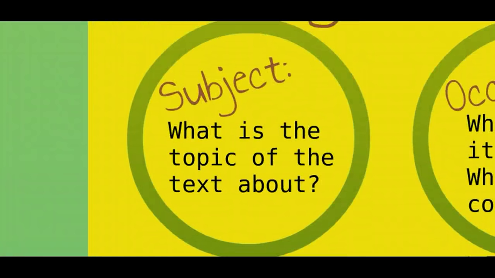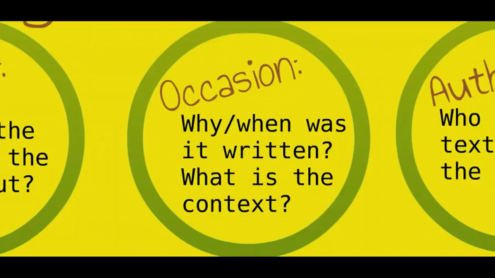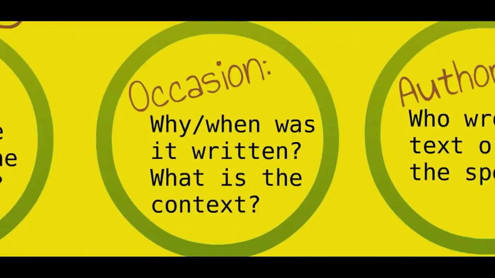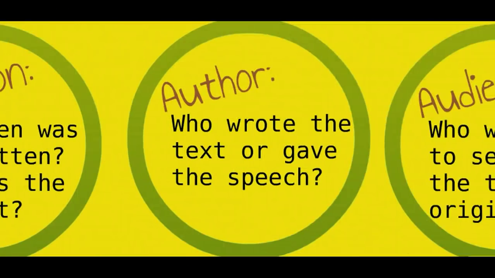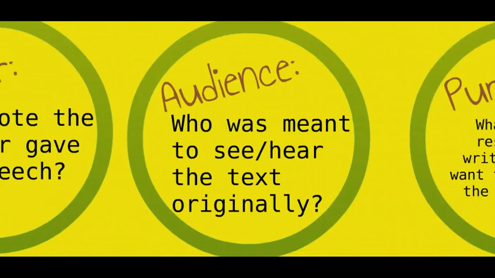From that, we can figure out, first of all, what's the subject? What is the topic of the text all about? What's the occasion? Why? When was it written? What is the context? Who the author is, who wrote the text or gave the speech, who the audience is, who was meant to see or hear the text originally. Don't confuse yourself as the audience, right?